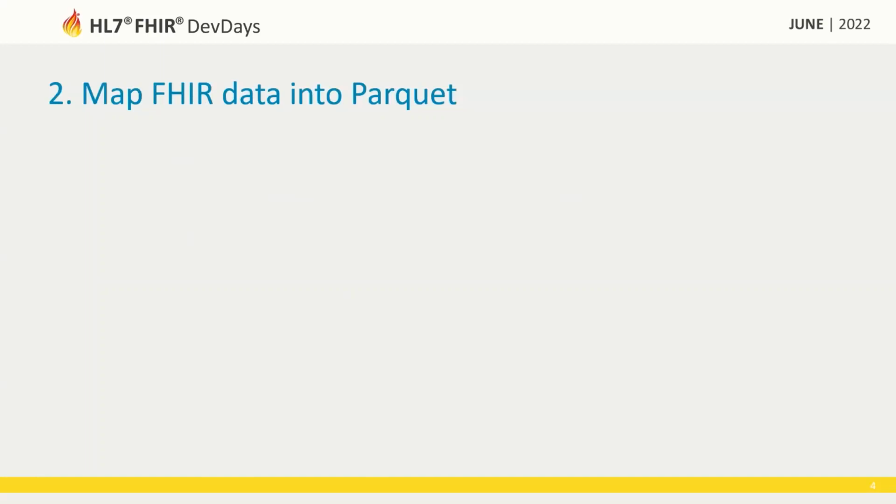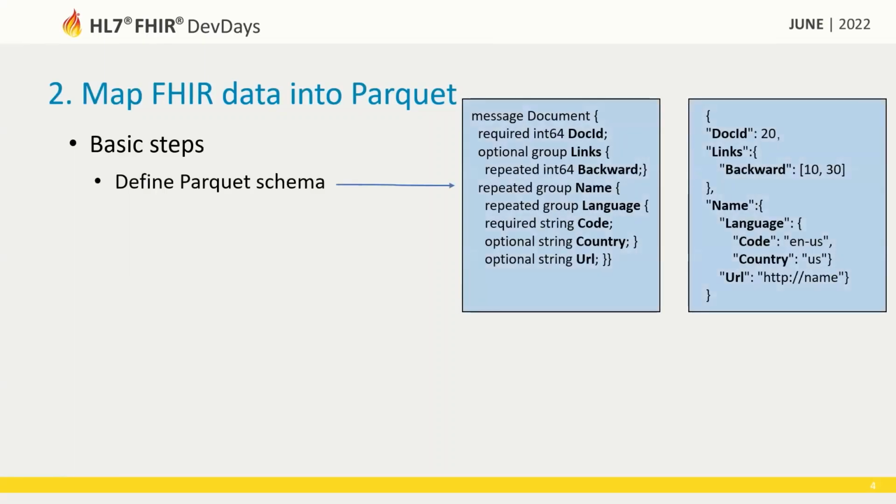Then we come to our second topic, mapping file data to Parquet. From a general perspective, we have 3 steps to store any kind of complex nested data into Parquet. The first thing is to define the Parquet schema. As a nested structured data format, Parquet has its own schema. Here is an example schema and its corresponding simple data. The data here is in JSON format, just for a better view and better understanding.